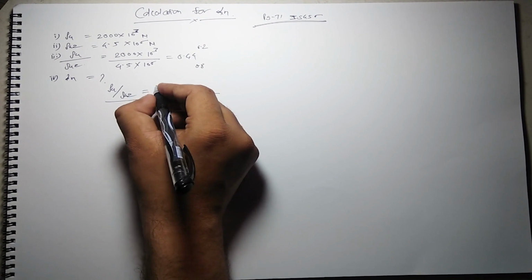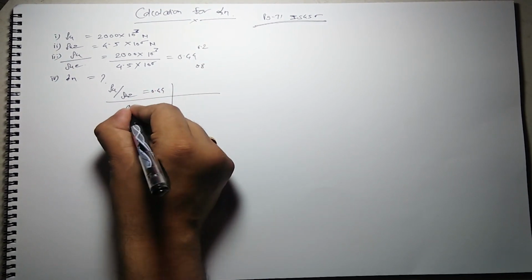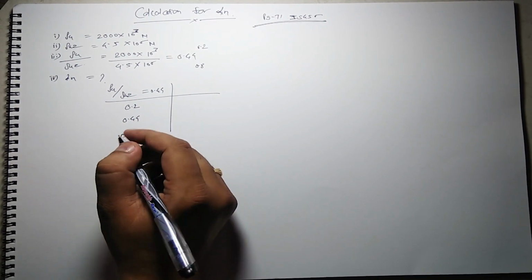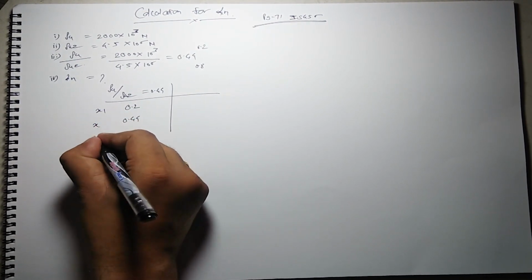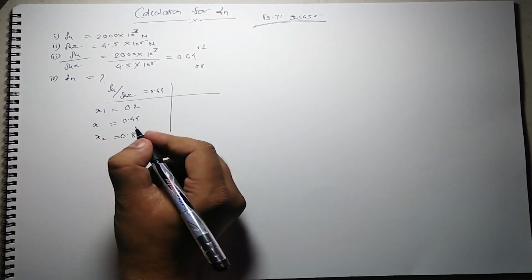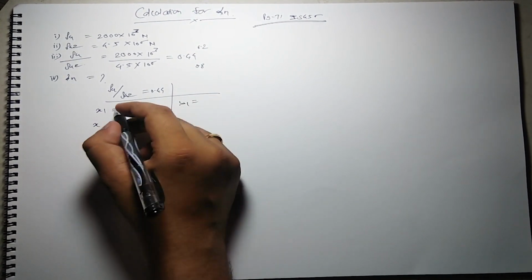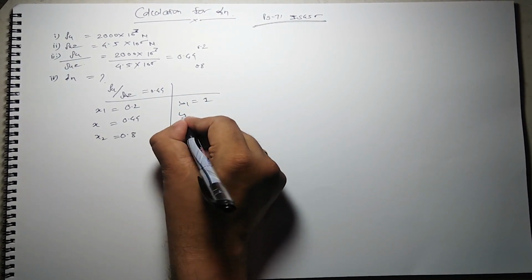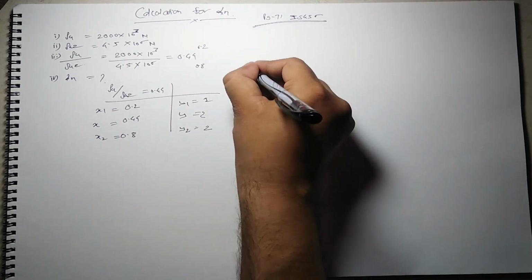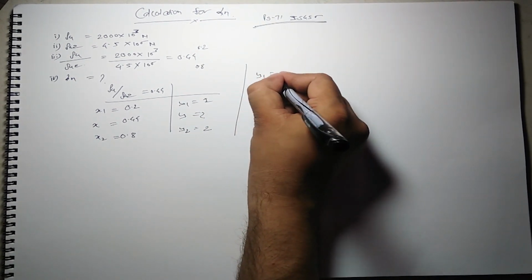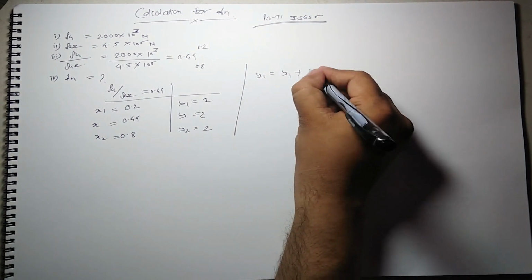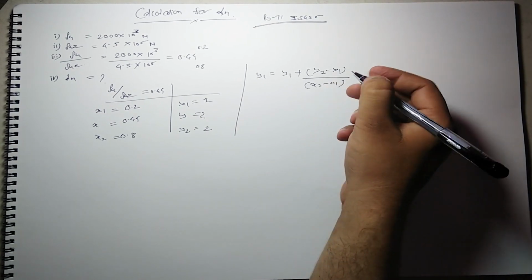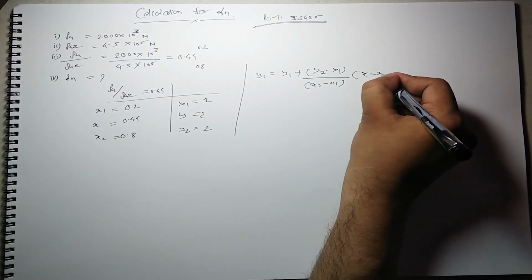It is coming out to be 0.44. So 0.2, 0.44 and 0.8. That is x1, that is x, and that is x2. So for 0.2 we have 1, for 0.8 we have 2, and for y we need to calculate. By interpolation, y equals y1 plus y2 minus y1 upon x2 minus x1 into x minus x1.